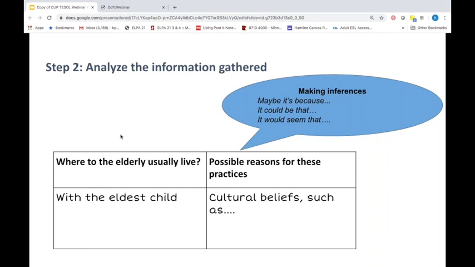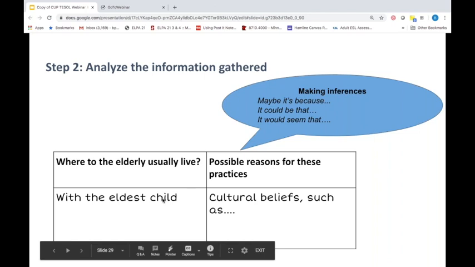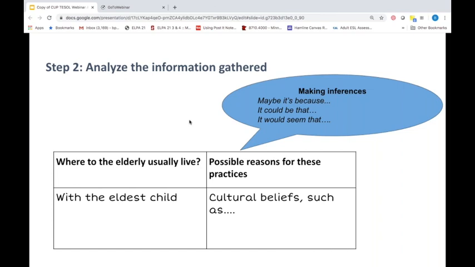What are some possible reasons for these practices? Maybe it's cultural beliefs, or maybe it's geography. Do they live nearby? They would make some suggestions, but you'll notice that we provide phrases for students, making inferences with phrases like, maybe it's because, it could be that, it would seem that.